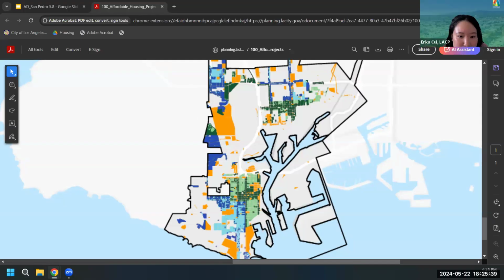I believe Western Avenue has an LA DOT DASH bus that meets the opportunity corridor and transit service.